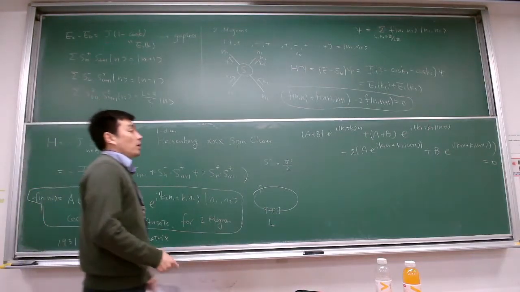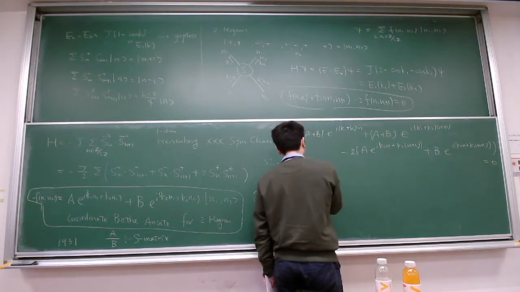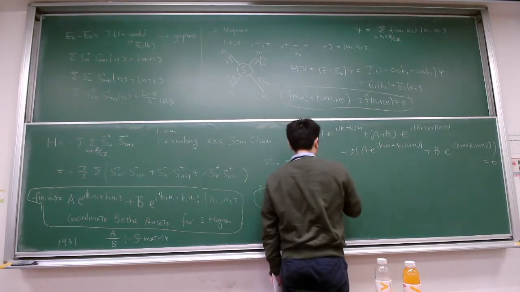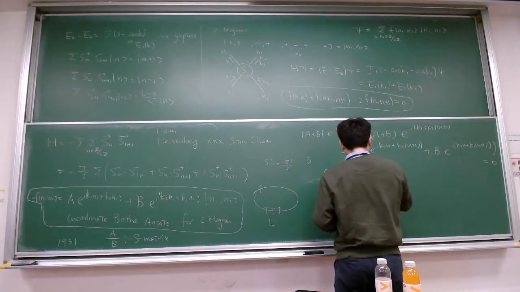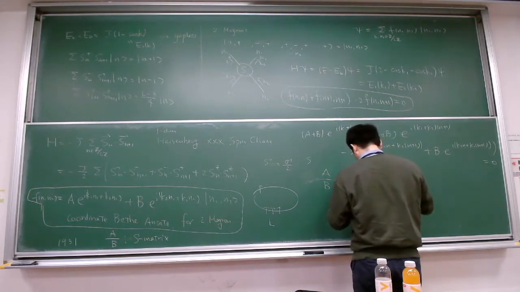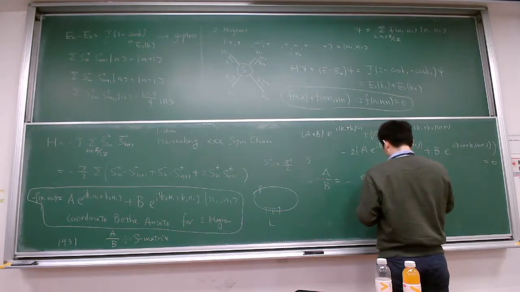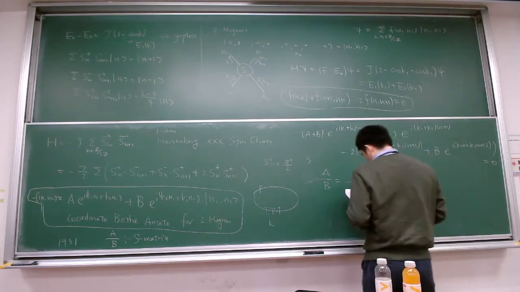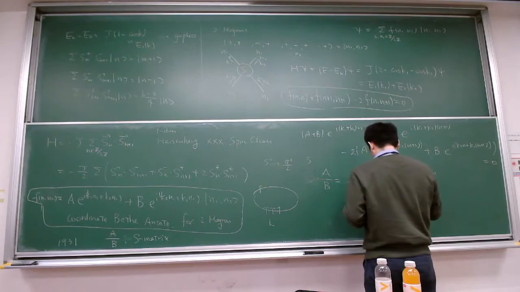And if you solve this equation, what we have found is A over B, which is the S matrix over there, is indeed equal to minus e^{i(k1+k2)} plus 1 minus 2 e^{ik1}, divided by e^{i(k1+k2)} plus 1 minus 2 e^{ik2}.